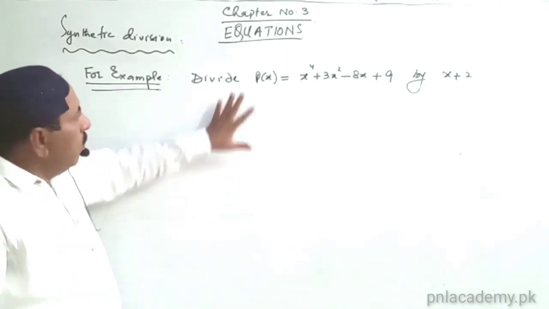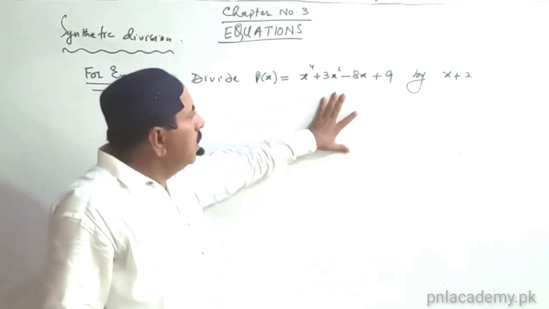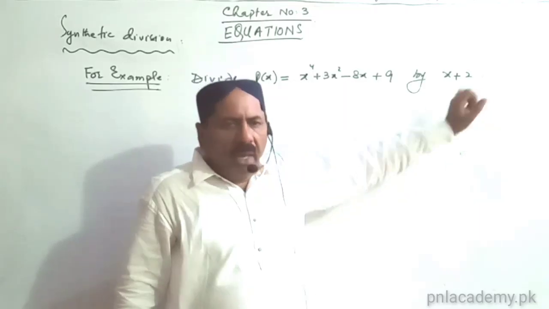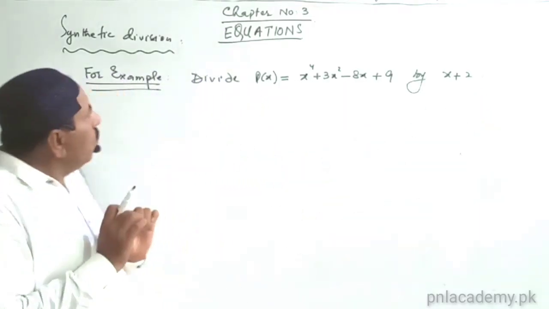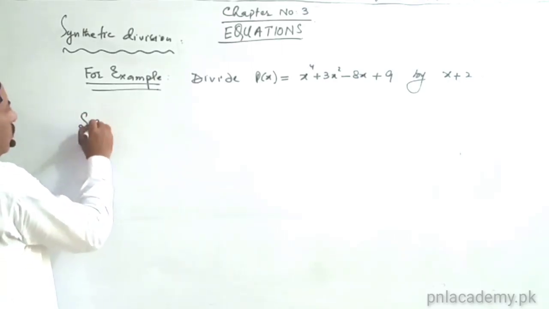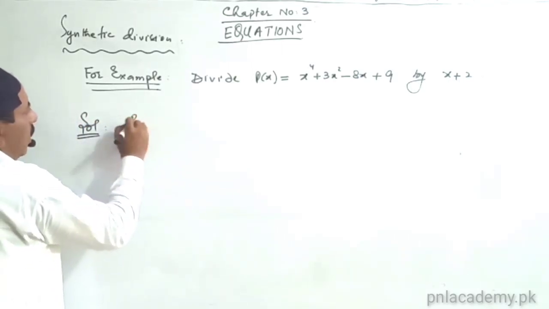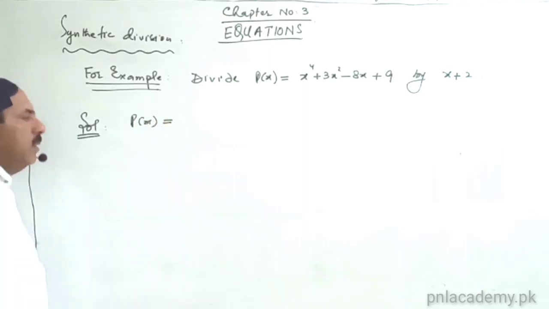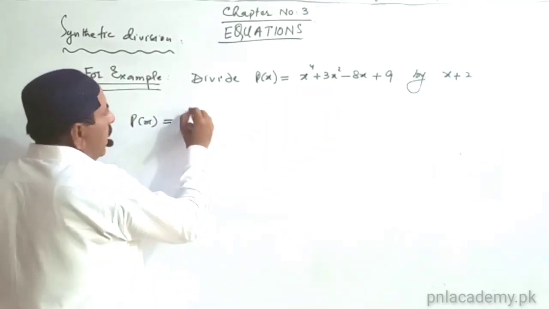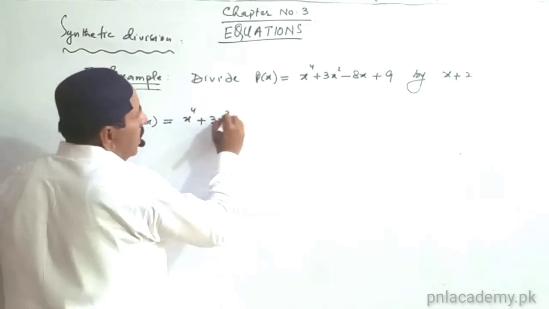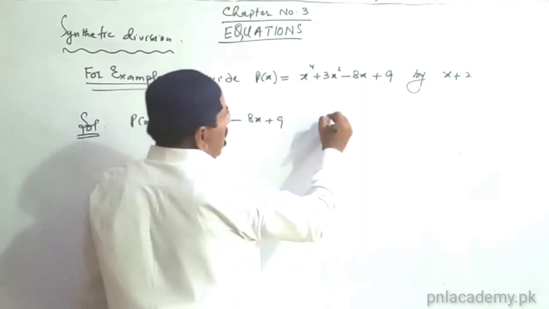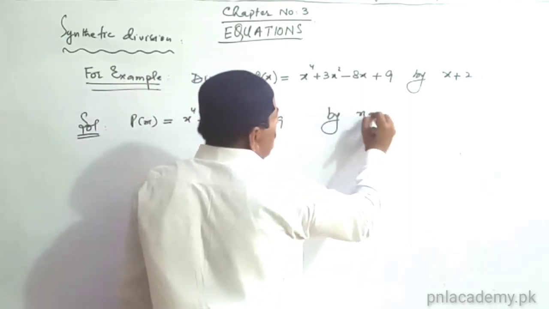So we have to divide x power 4 plus 3x square minus 8x plus 9 by x plus 2. So what is the process of synthetic division? Solution. First of all, we will write the polynomial, which is x power 4 plus 3x square minus 8x plus 9, and the division process by x plus 2.